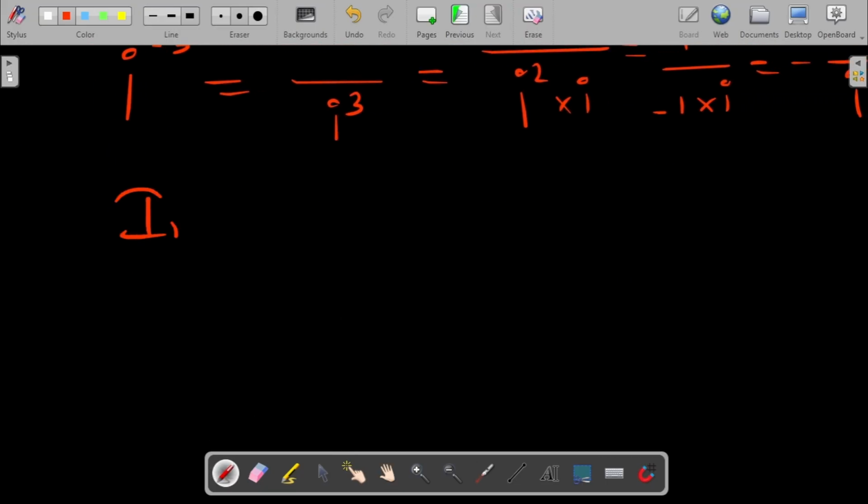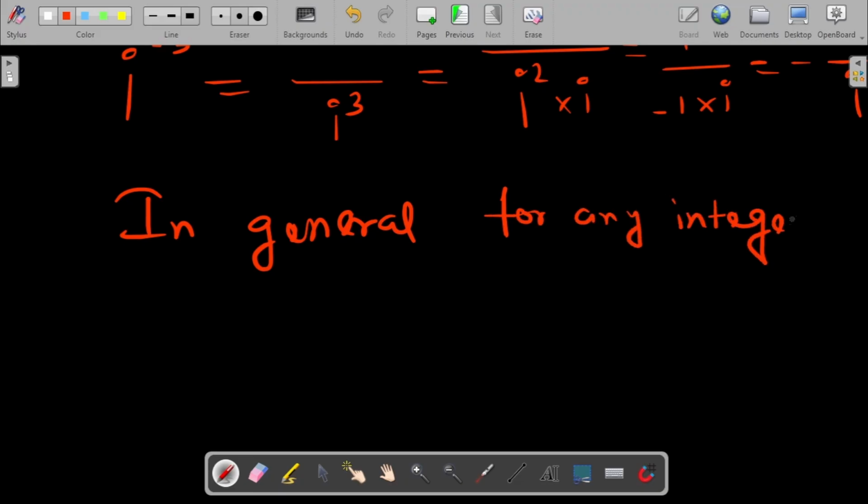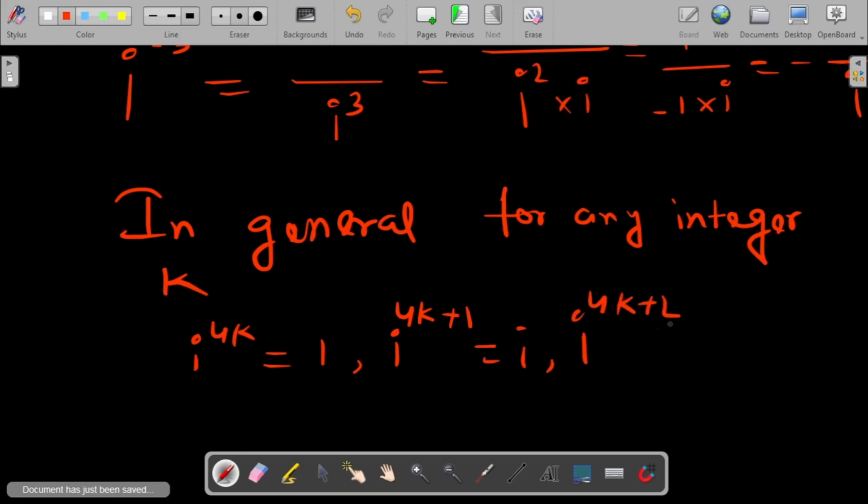So in general, for any integer k, i to the power 4k is what? i to the power 4k is 1. i to the power 4k plus 1 gives i. i to the power 4k plus 2 gives minus 1.